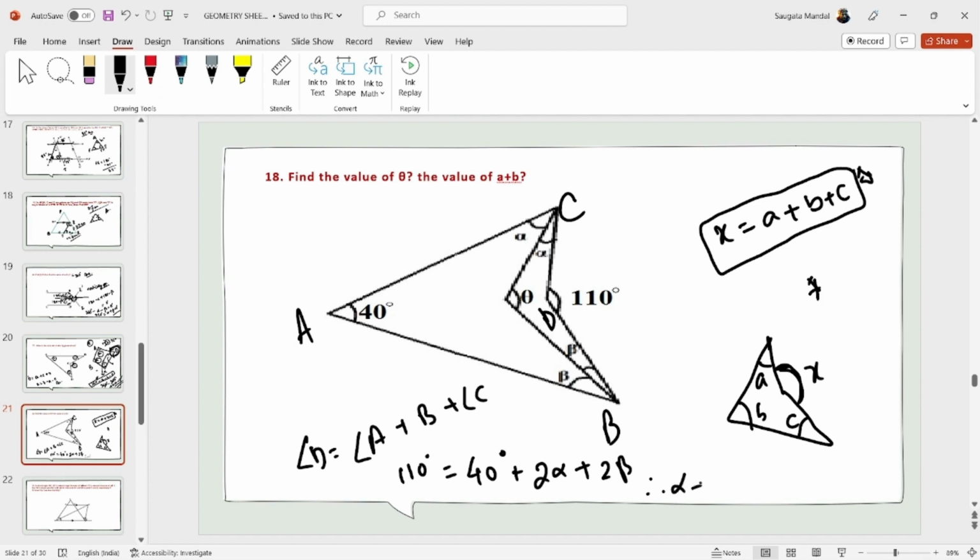And what is the value of alpha plus beta? That is 110 minus 40, 70 degrees, divided by 2, that means 35 degrees. What is the value of alpha plus beta? Here this is alpha and this is beta. This is 35 degrees. This is the answer.